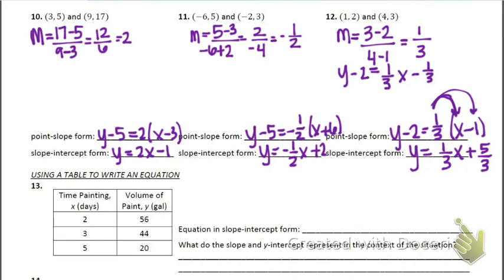Everybody good there? And then we have to add 2, right? But when I add 2, I need a common denominator. 2 over 1. What would my common denominator be? 3. So what do I need to multiply by to get a common denominator of 3? Good. Multiply by 3. Whoever said that. So times 3. So 2 over 1 is the same as what over 3? 6 over 3.